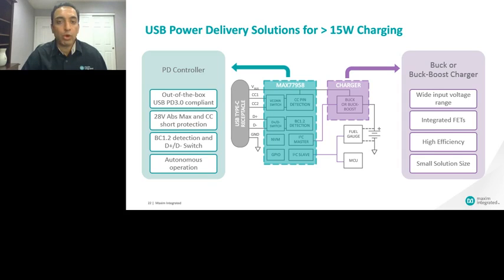And it can be configured to operate either autonomously or with an MCU. The charger that we have offered, either a buck or a buck boost charger, has a wide input voltage range, integrated FETs to minimize the solution size, and very high performance. And we'll look at all of these in detail next.